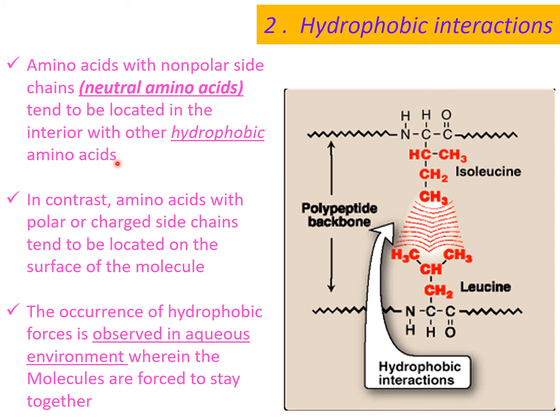So, non-polar, which are hydrophobic, which are neutral amino acids, are located in the interior of the proteins. In contrast, amino acids with polar or charged side chains tend to be located on the surface of the polypeptide molecule, the protein.